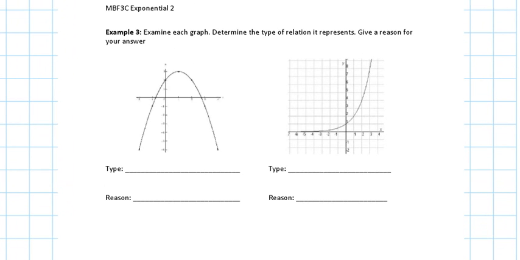All right. What can you tell me about the first graph? Examine each graph, determine the type of relation it represents, give a reason for your answer. What can you tell me about the first one? Quadratic. Because it's a parabola. What type of function do I have here? Exponential. And how do you know that?